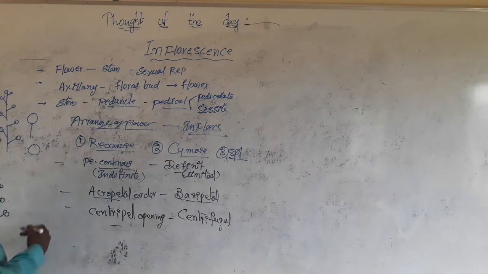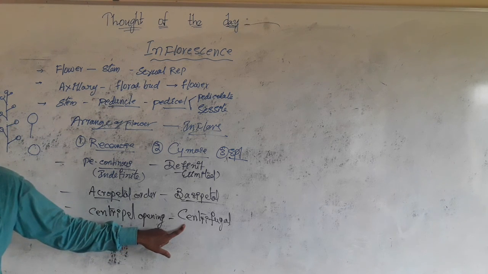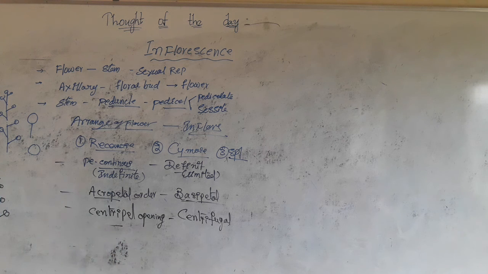So flower opening in racemose inflorescences is centripetal, and flower opening in cymose inflorescences is centrifugal opening. Very very important difference.